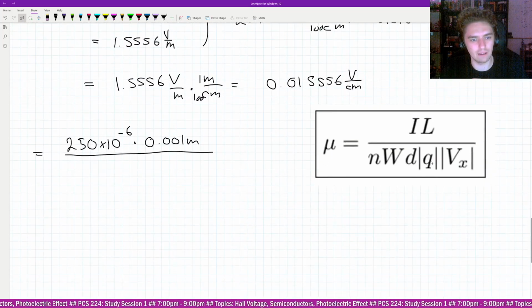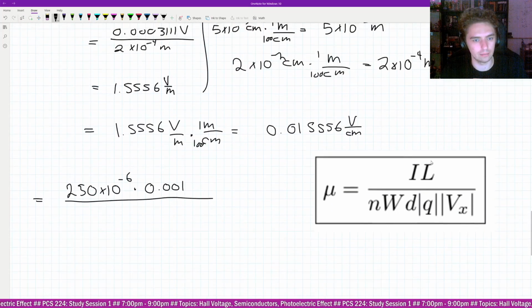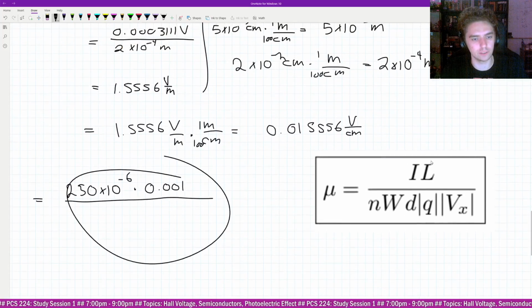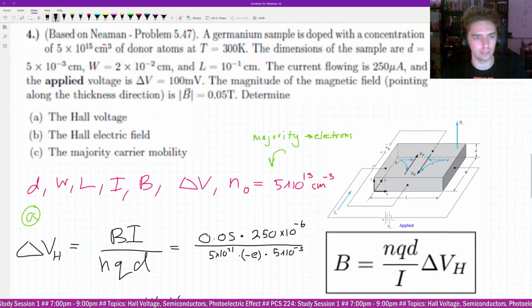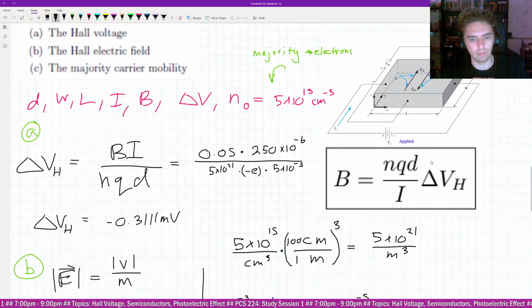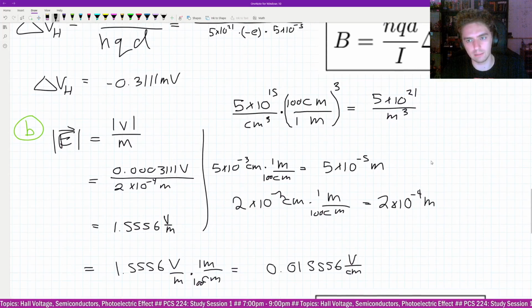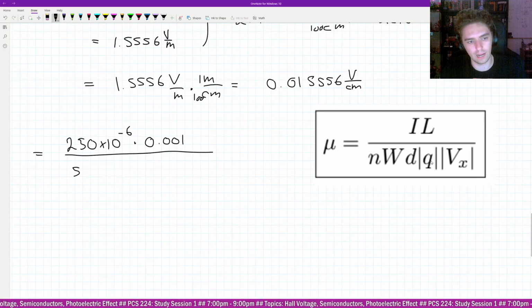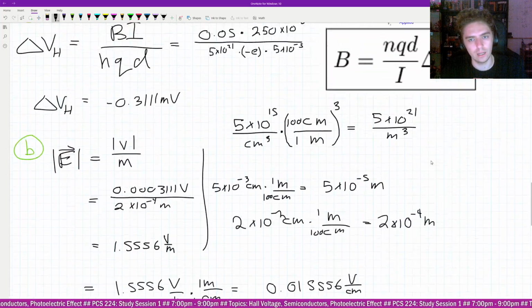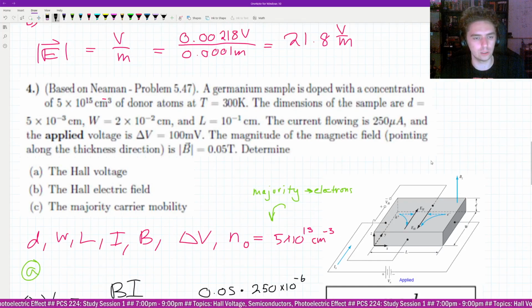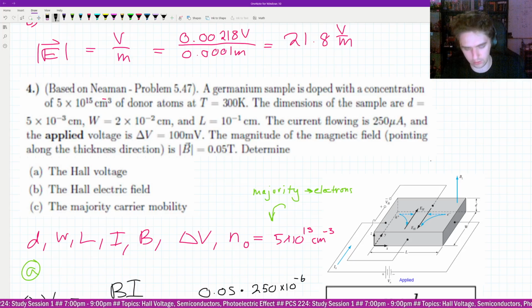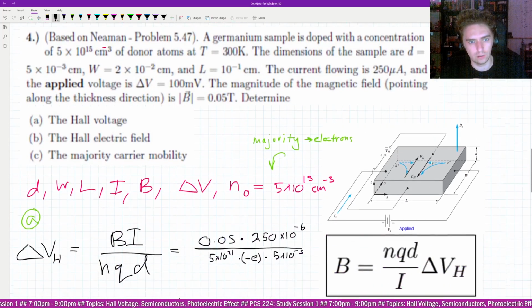And then we have, I guess, okay. If anyone's confused, I'll put units, but no one's confused then. N0 is 5 times 10 to the, but we converted it, so it's 5 times 10 to the 21 per meter cubed. The width, W, is 2 times 10 to the negative 2 centimeters, so divided by 100 is going to be 2 times 10 to the negative 4.